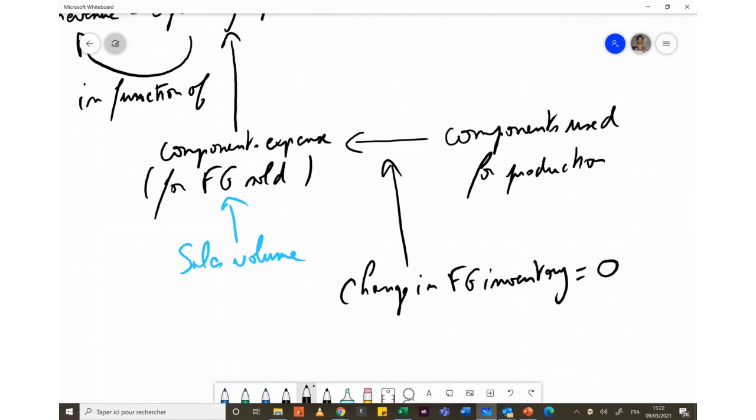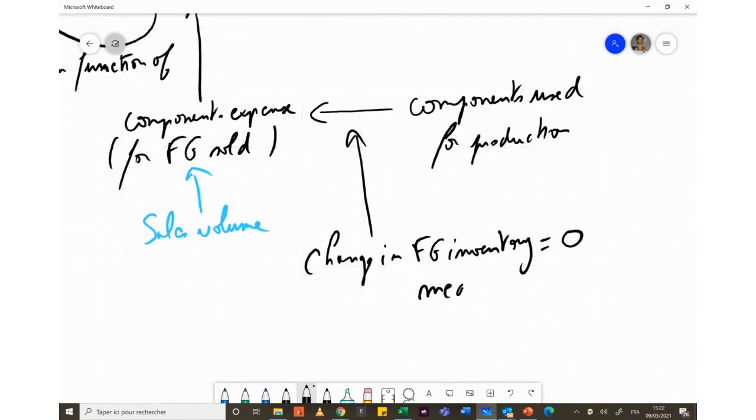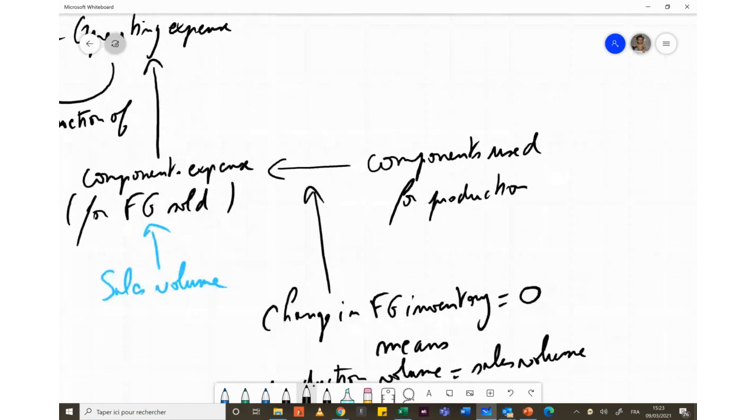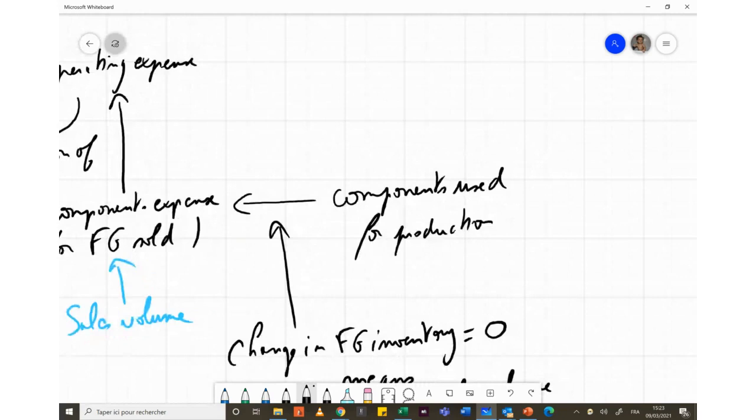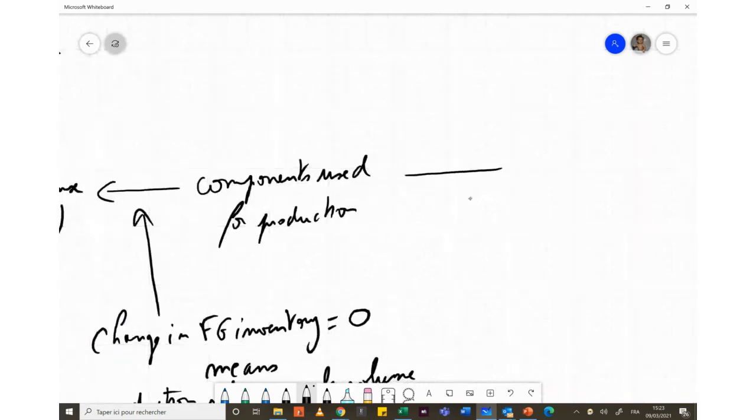So it means production volume equals sales volume. So we produce what we sell. So the components used for production is equal to the component expense. From the components used for production, we want to know the components purchased.